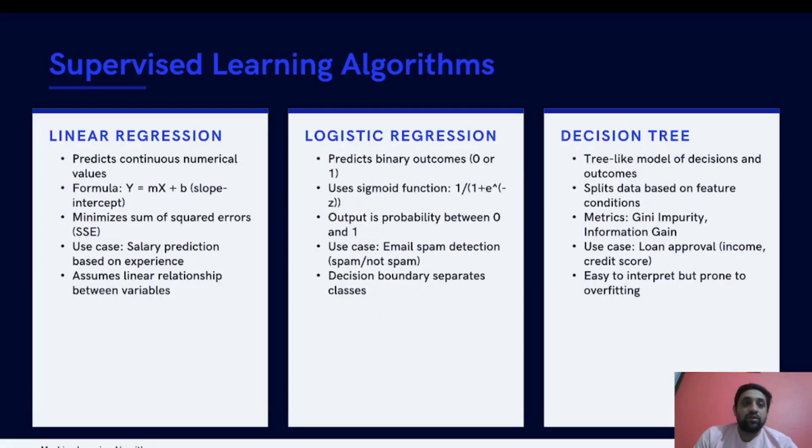Now, we discuss supervised learning algorithms. Supervised learning algorithms are designed to learn relationships between input features and known outputs. One of the simplest algorithms is linear regression, which predicts continuous values by assuming a linear relationship between variables and minimizing the error between predicted and actual values.